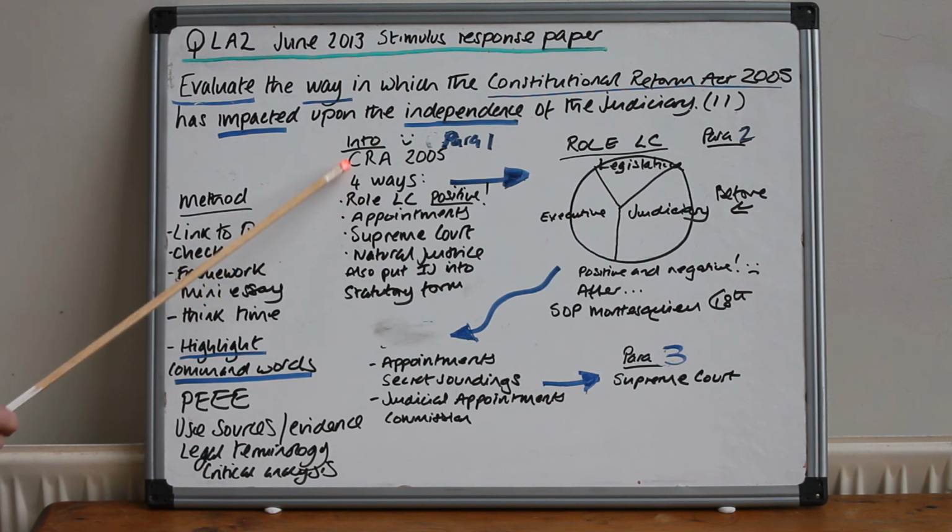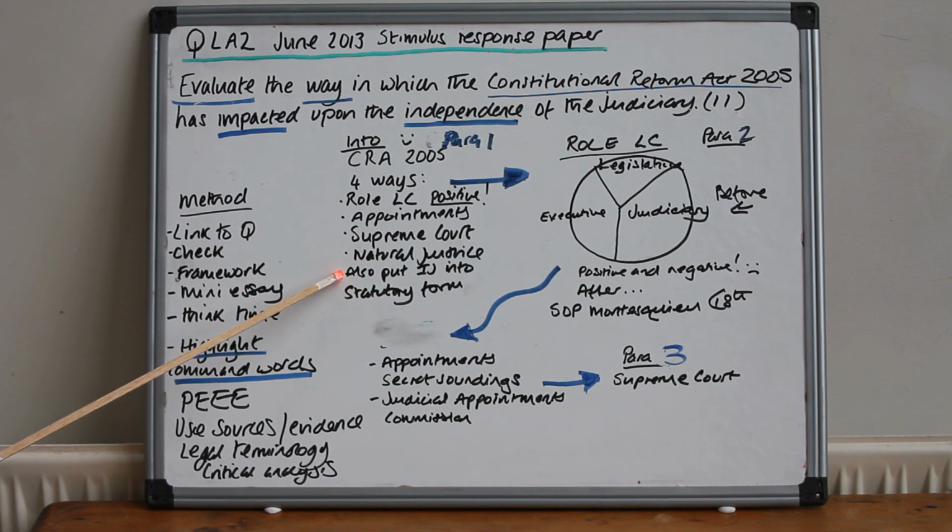Okay then, so we could start off in our introduction with the point that the Constitutional Reform Act 2005 has been particularly important in 4 ways. First of all, in relation to the role of the Lord Chancellor, the appointment system for the judiciary, the creation of the Supreme Court, and in fact, really assisting with rules of natural justice within our judicial system.